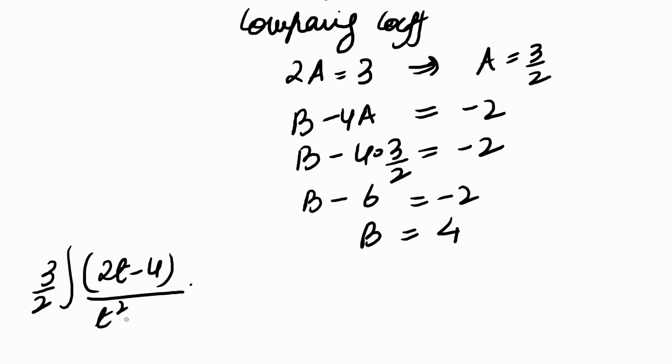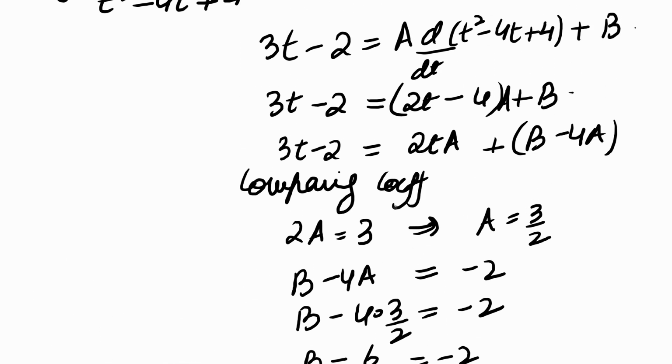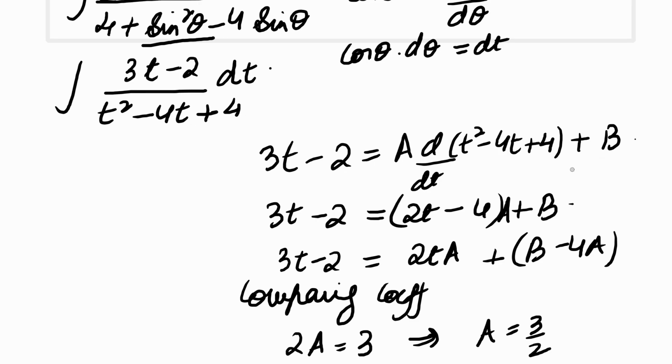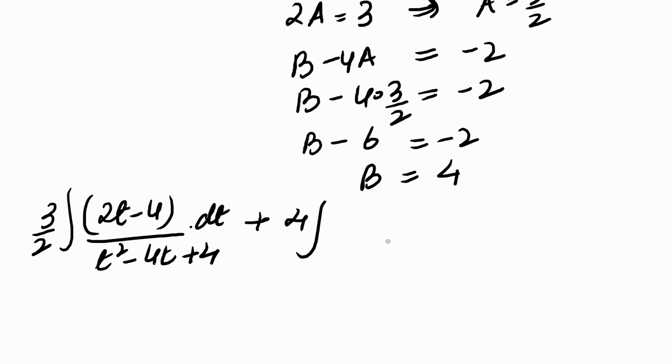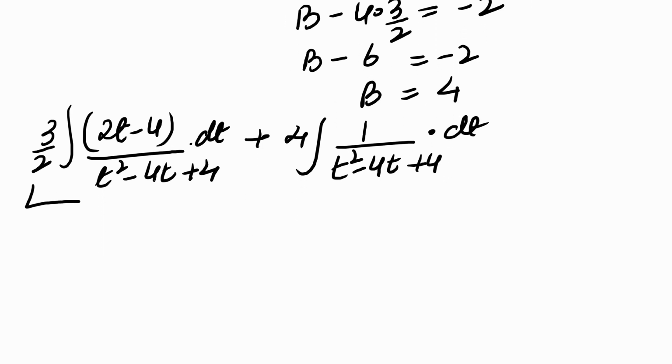Denominator will be t square minus 4t plus 4 dt. And I can write down the b part as, b was 4, b does not have any variable on the numerator, it will be 4 upon t square minus 4t plus 4, and then dt. Now let's write this as I1 and this as I2.